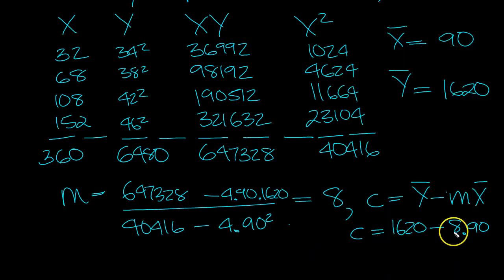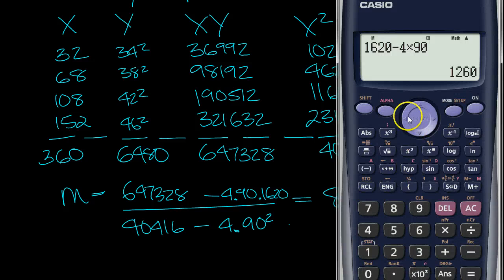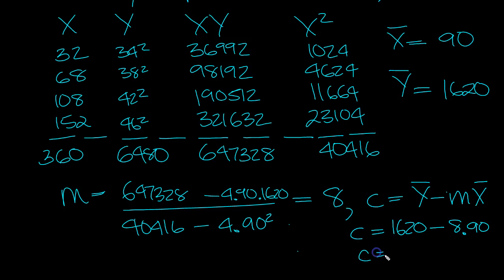Oh, minus 8 times 90, because it was m, wasn't it? 900. Okay. So that's that one done.